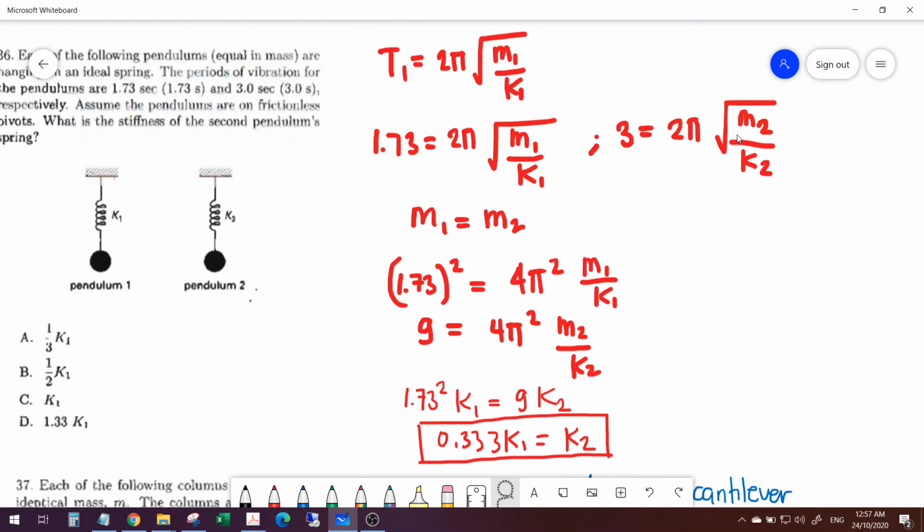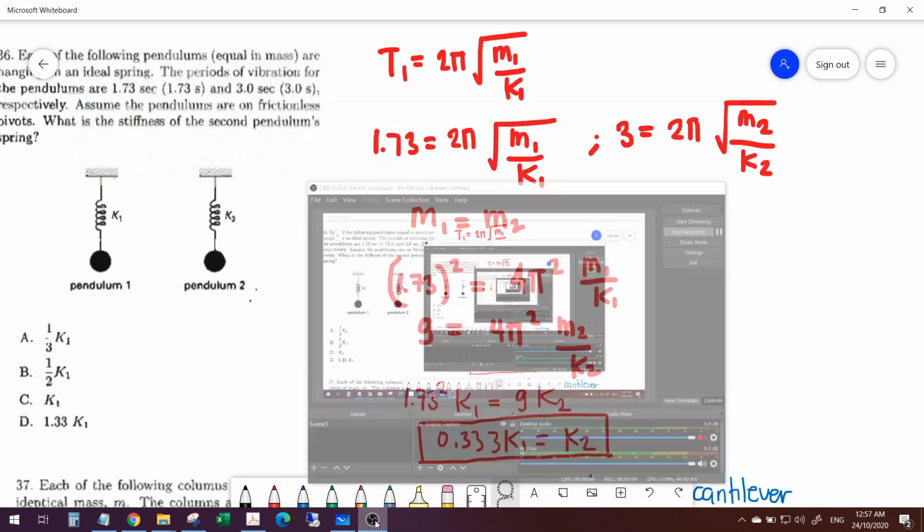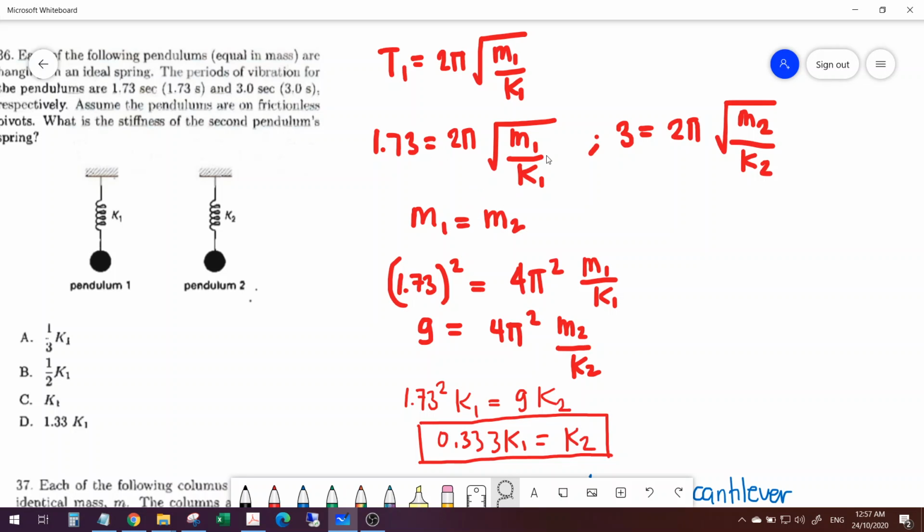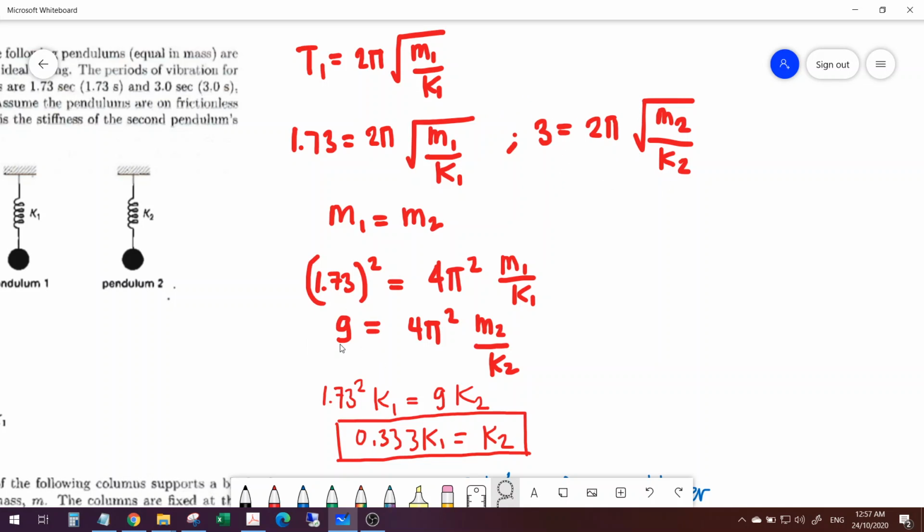We can square both equations to eliminate the square root sign. So 1.73 squared equals 4 pi squared mass 1 over k1, while on the second equation, 3 squared, which is 9, equals 4 pi squared m2 over k2.